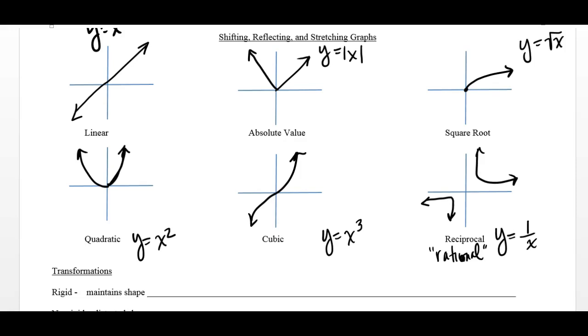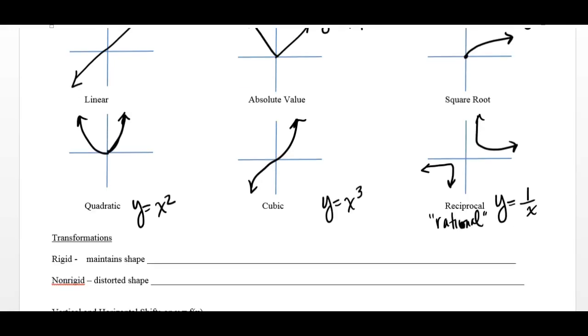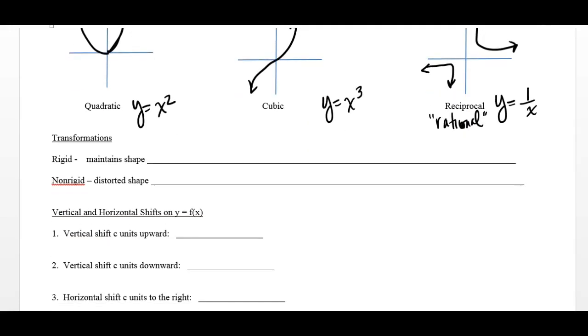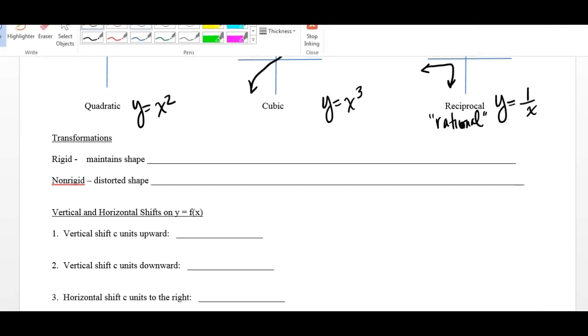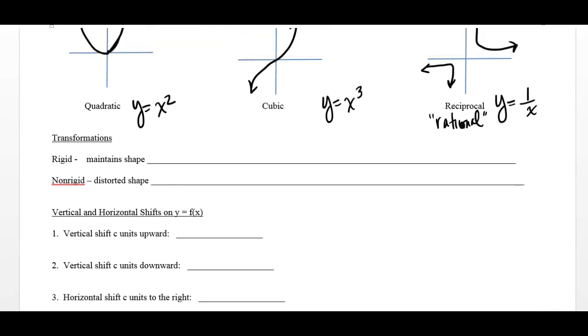All right. The first thing I want to talk about is 2 types of transformations, general categories. The first one is what we call a rigid transformation. And a rigid transformation means that it maintains the shape, okay? It can be moved left and right, up or down, or even be reflected, but it maintains its shape.